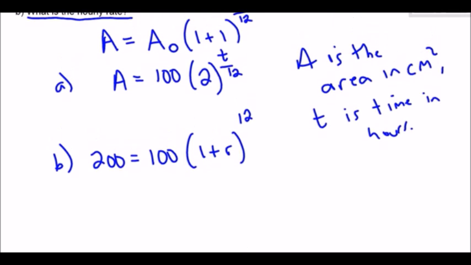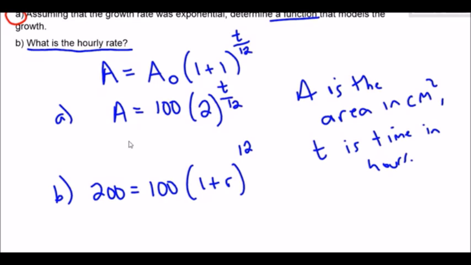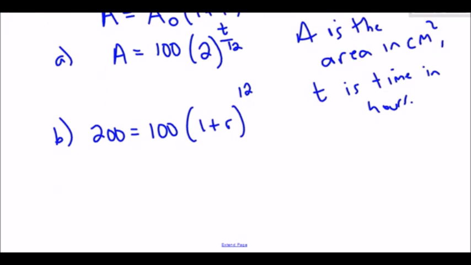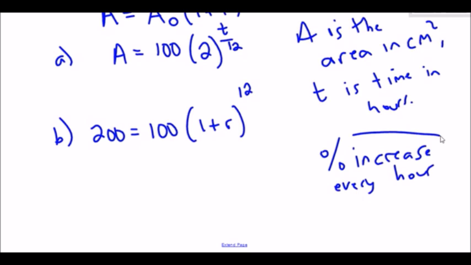So in part A, I just went with the simplest, most straightforward idea, which is in 12 hours it doubles. Boom, easy, done. But now if I want an hourly rate, I have to consider that I have a certain percentage increase every hour. And I have to find by what percentage it increases.